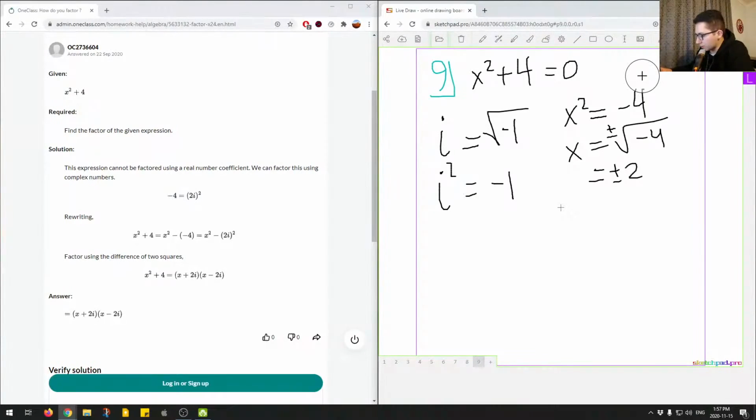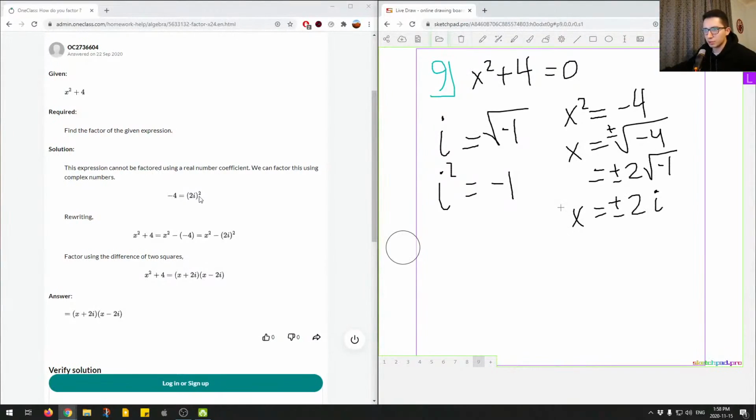Bring that out to the front of the square root. We still have the negative 1 under the square root. So knowing this, we can just substitute that in. So we know it's plus or minus 2i. That's what x equals.